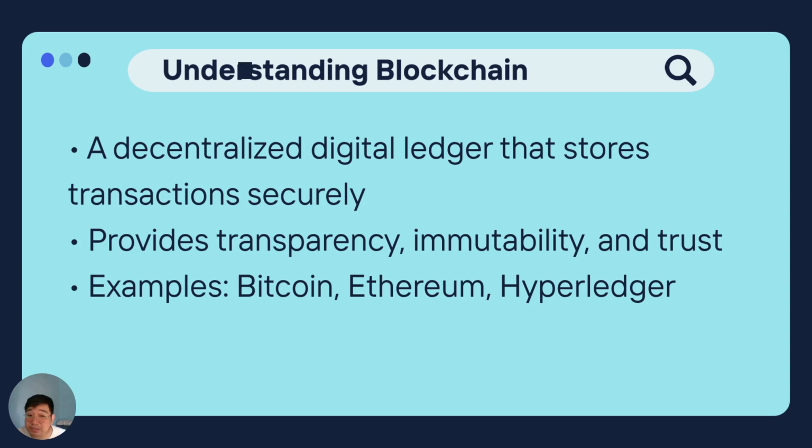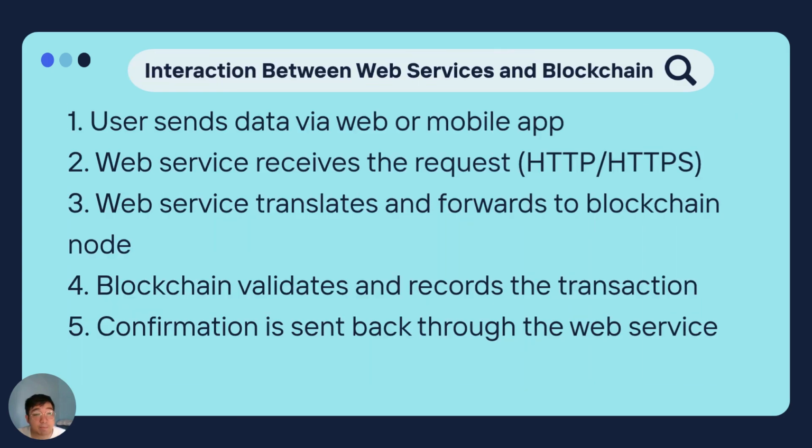Here's how web services and blockchain interact. A user sends a request using a web or mobile app, maybe to record a transaction or access some data. The web service receives the request and converts it into a format that the blockchain understands. The web service then forwards it to the blockchain node.